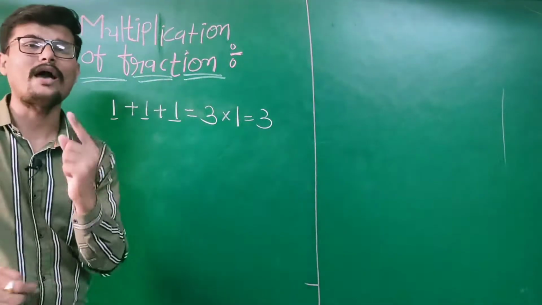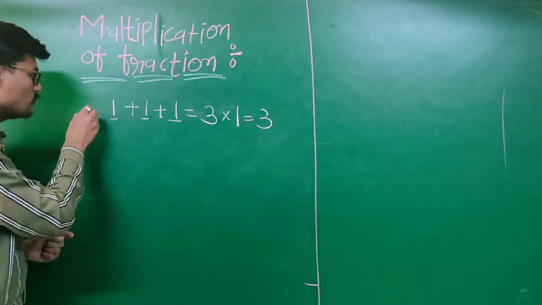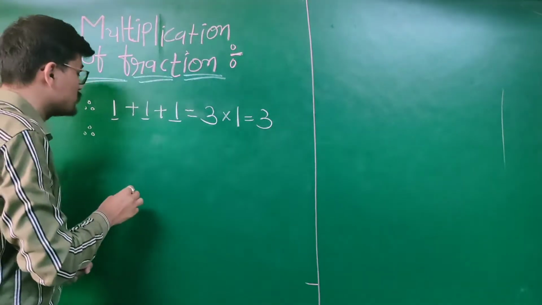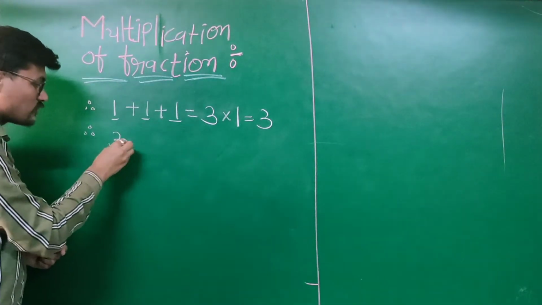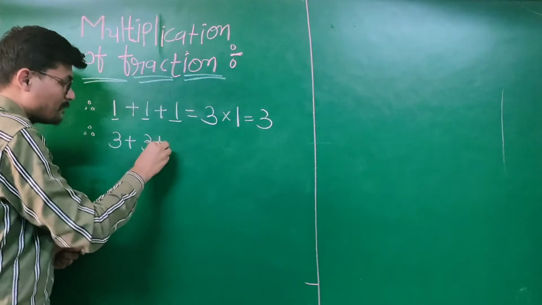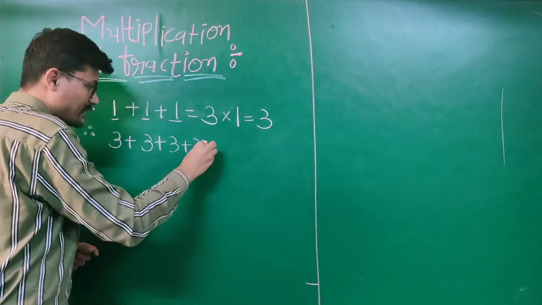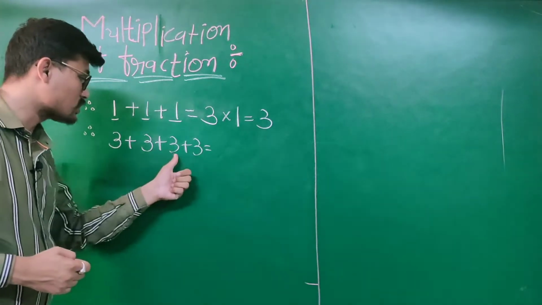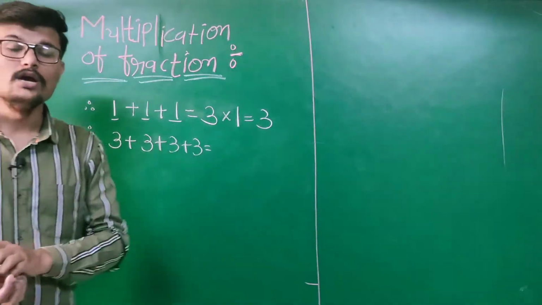Let's take one more example. So you know very well and you can clear your doubts. Suppose I'll take 3 plus 3 plus 3 plus 3. So friends, यहाँ पर मैंने 3 कितनी बार लिखा है? 1 2 3 and 4. I'll write here 4 times 3.